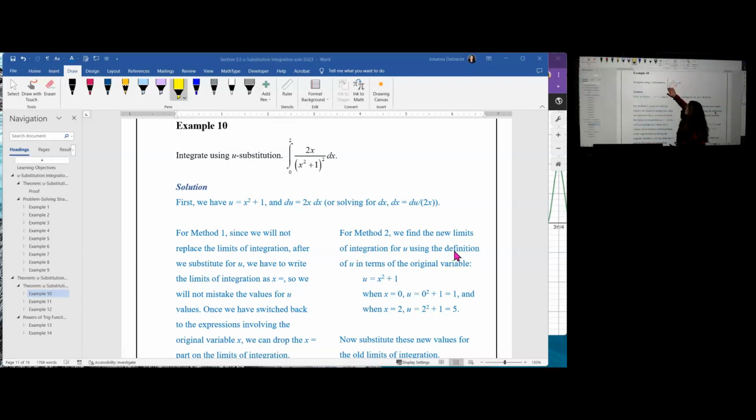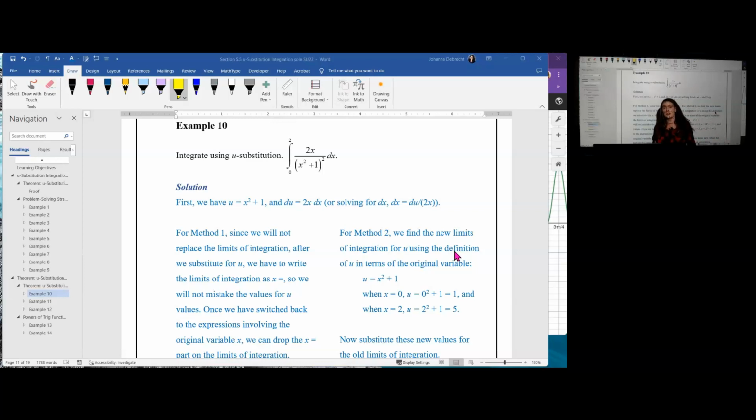We have the definite integral from 0 to 2 of 2x divided by x squared plus 1, all raised to the second power, with differential dx. We can see that we have a composed function of x squared plus 1 on the inside and the second power on the outside. In fact, we can do what we did previously.